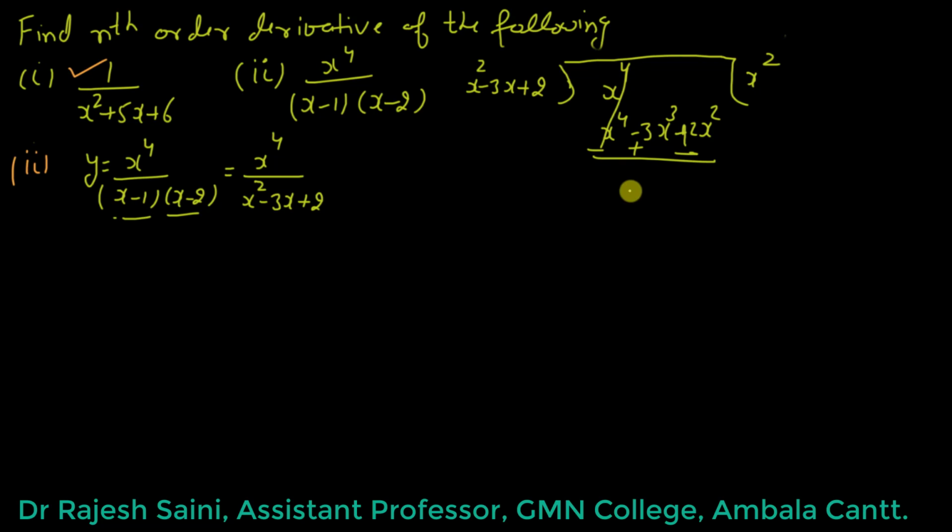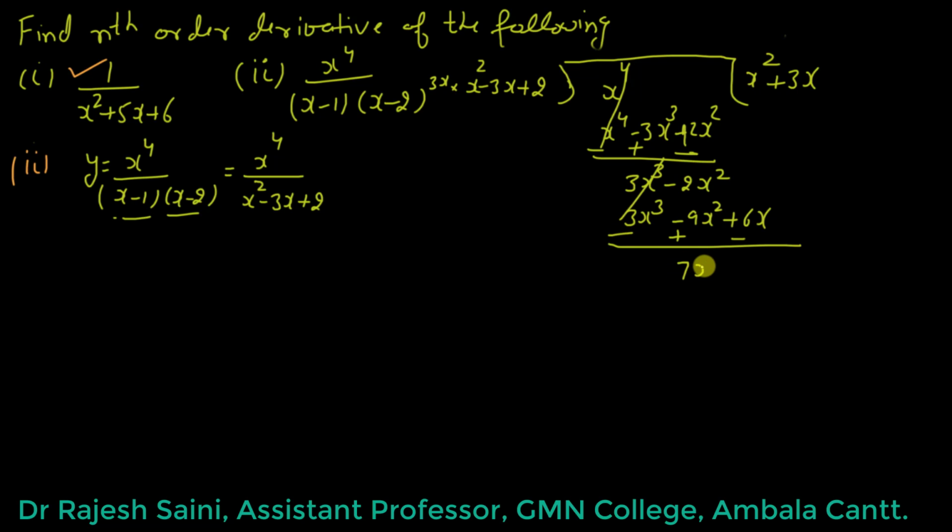This will cancel out, leaving 3x cube minus 2x square. Next it will go 3x times, so you multiply 3x: 3x cube minus 9x square plus 6x. Again minus, plus, minus, and this will cancel out. So you are left with 7x square minus 6x.